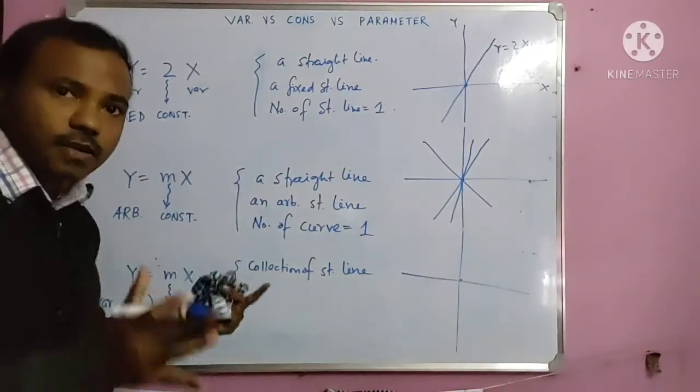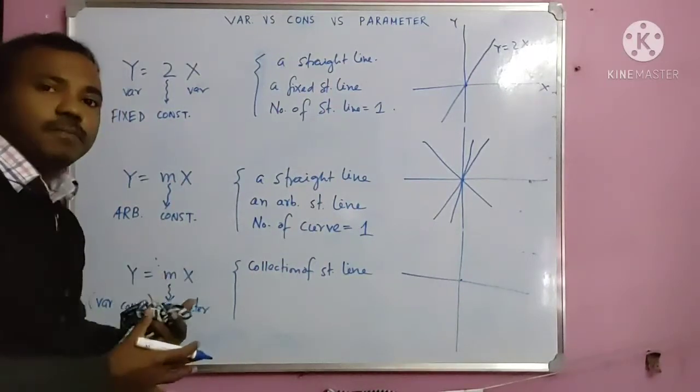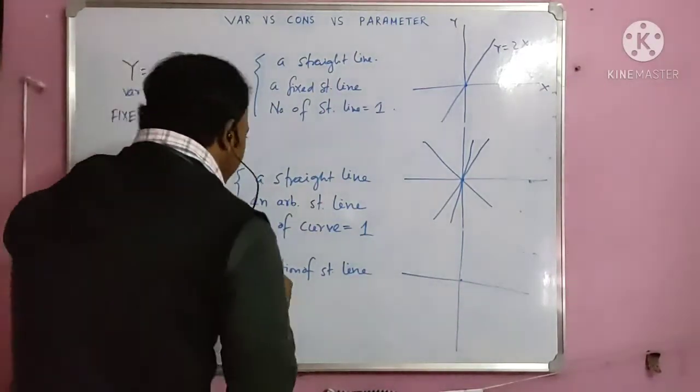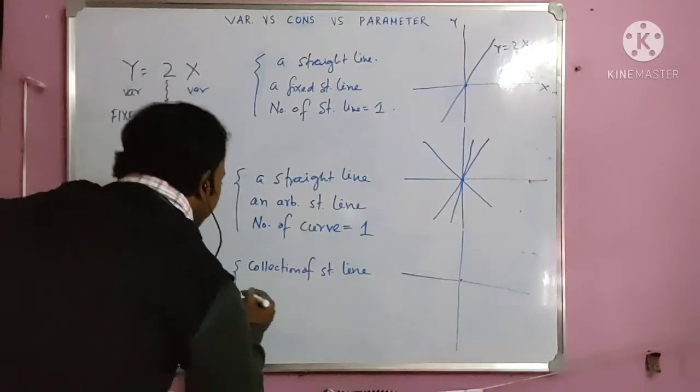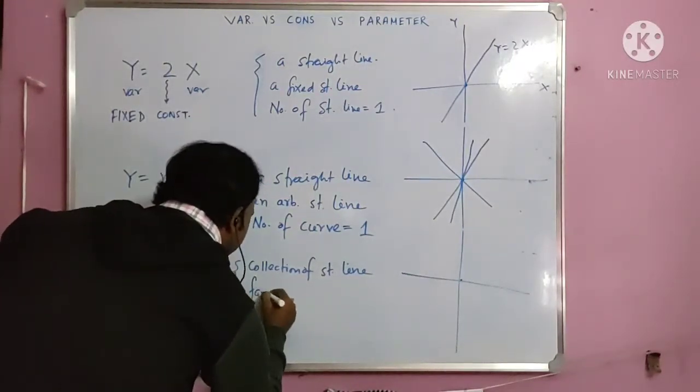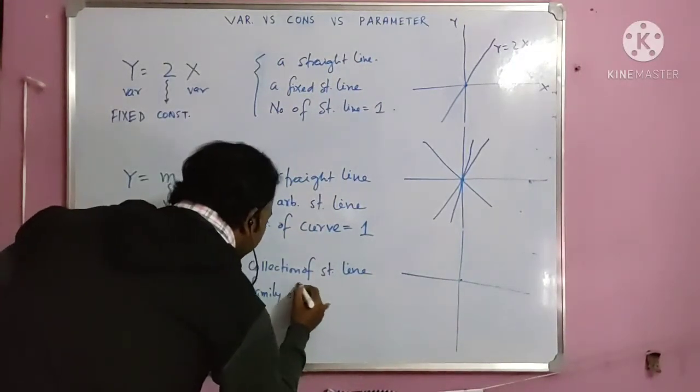And since it is a collection of straight lines together, we call them this time not a fixed straight line, not an arbitrary straight line, rather a family of curves.